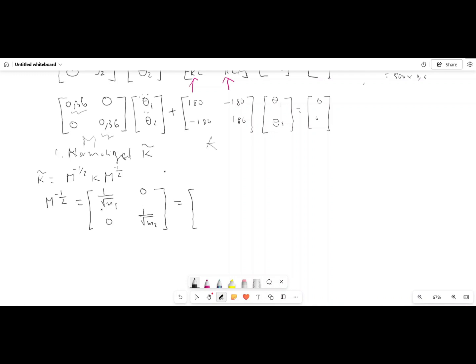So if we have to solve for M to the minus half here, we have 1 divided by the root of 0.36, 0, 0, and 1 divided by the root of 0.36. What is the answer here?